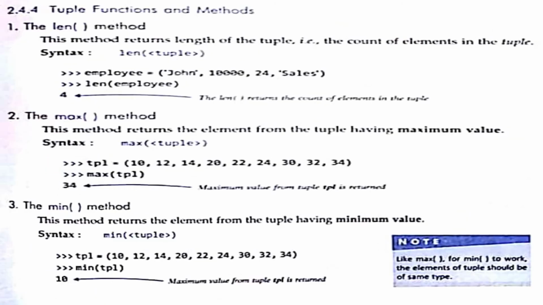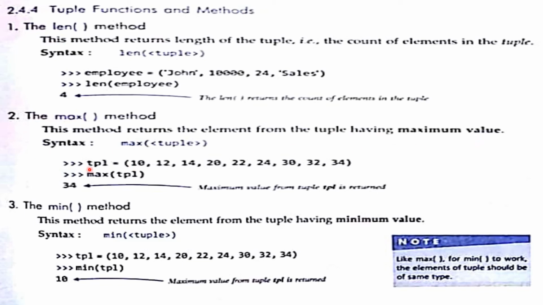Functions and methods of tuples. We have already discussed that the length function is the same as we have done in list. This will tell you the length of the given tuple. Next is the max function. This method returns the element from the tuple having the maximum value.